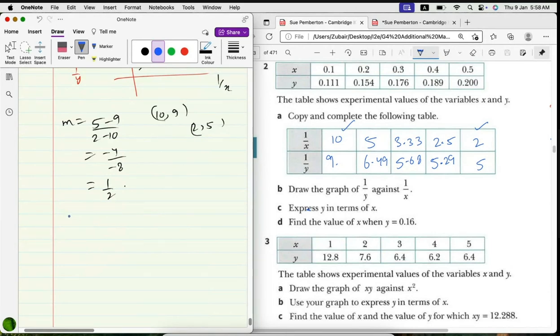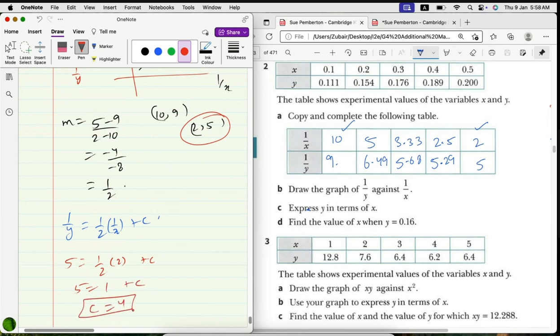And now I can write 1 over y is gradient times x plus c. And I'm using 2 comma 5. So this is 5, 1 by 2 into 2 plus c. 5 is equal to 1 plus c. C is equal to 4.